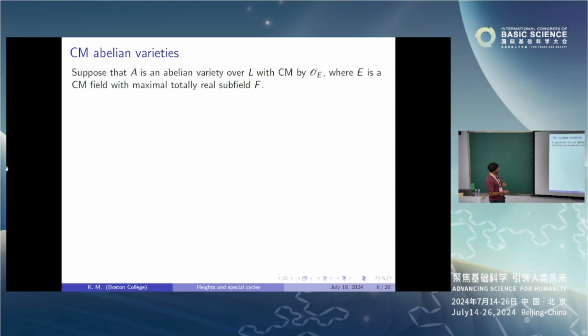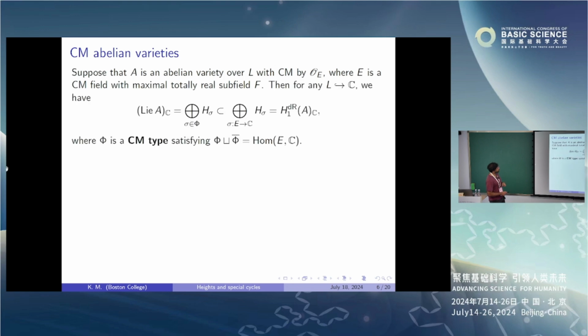Here's a slight switch of notation: my E is no longer a geometric object. It is now a CM field, and from now on, E will never appear as an elliptic curve. It will always be a CM field, and F is its totally real subfield.